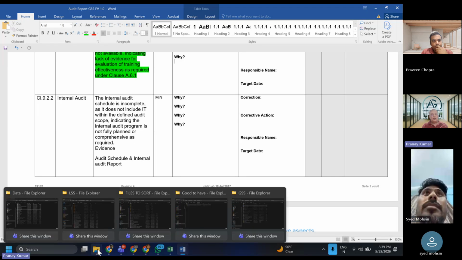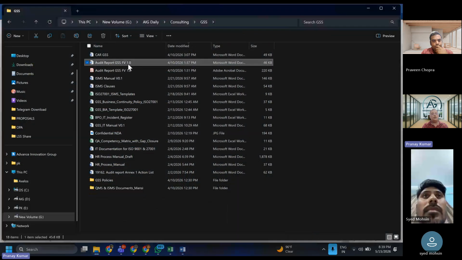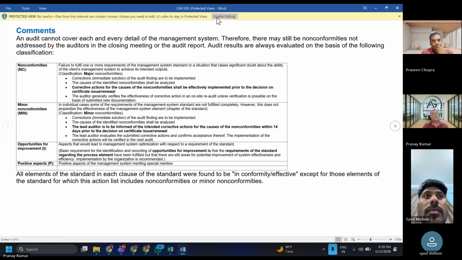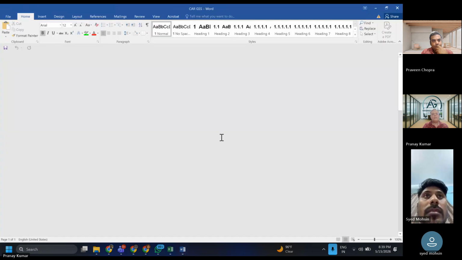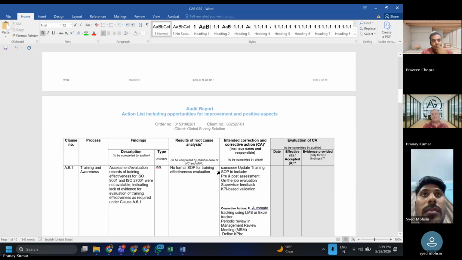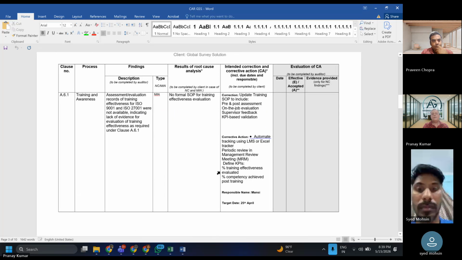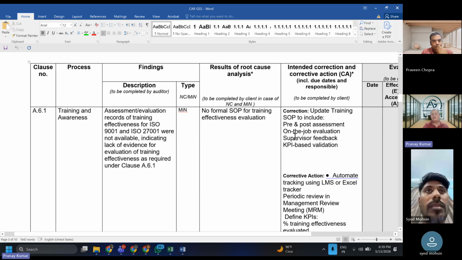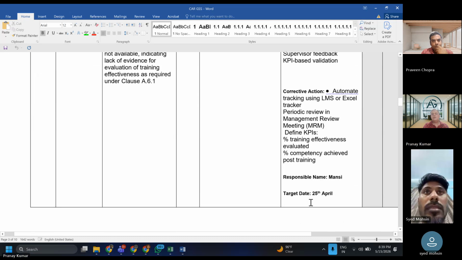After this, the auditor will give you this. You will need to submit a corrective action report. What is the root cause? No formal SOP exists. What is the corrective action?